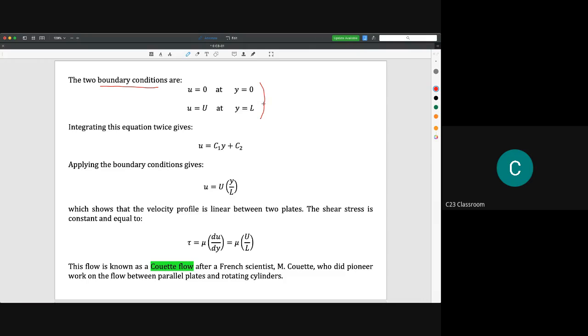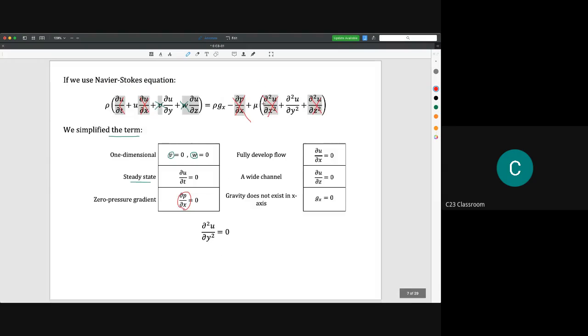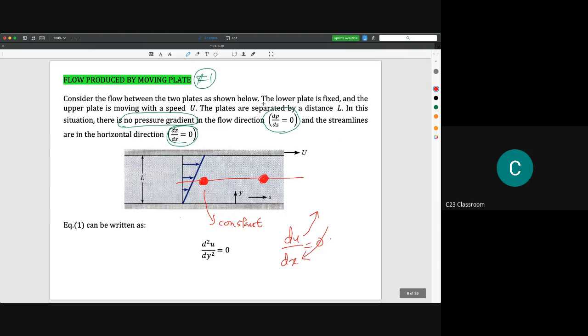How do we get these boundary conditions? You need to refer to your diagram here. It is not worth remembering all the boundary conditions, because they change every time the application changes.